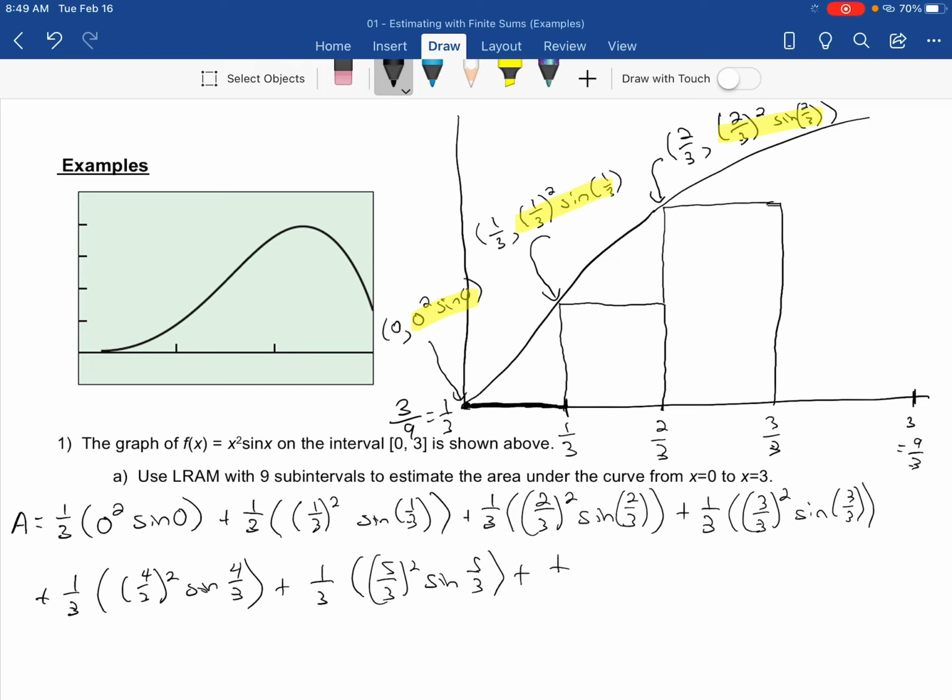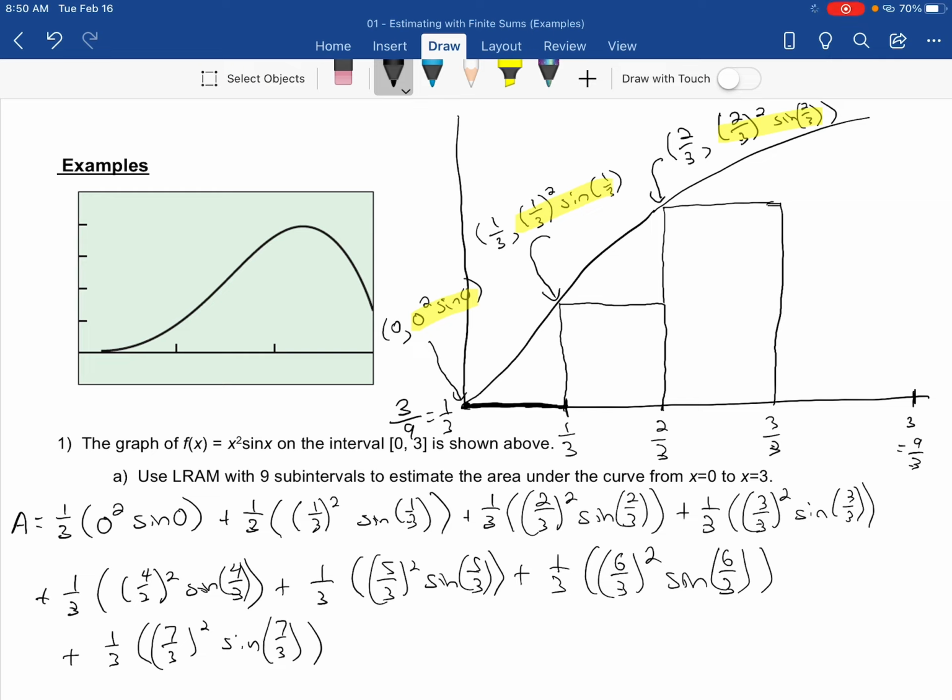Then it's 1/3. 6/3 squared sine 6/3. Some calculators, you're going to want to put what's in the sine in a bracket, so I'll just keep doing that. Then 1/3. 7/3 squared sine 7/3. And I got so into writing these things that I forgot to keep counting them.